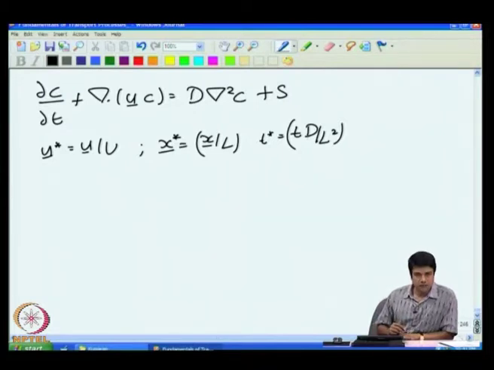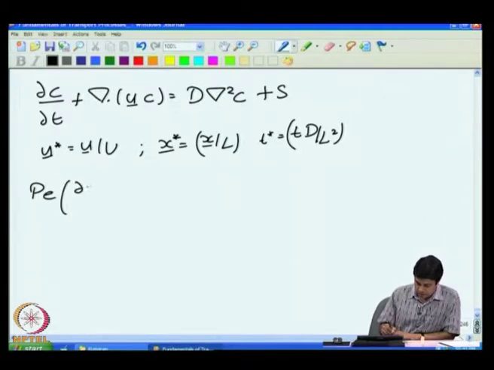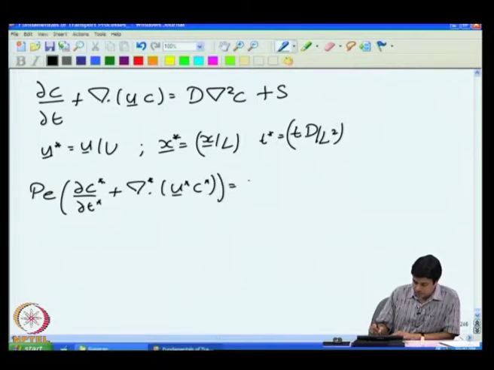In that case, you get a dimensionless equation of the form Pe dc star by dt plus divergence of u c is equal to D del square c plus the source.